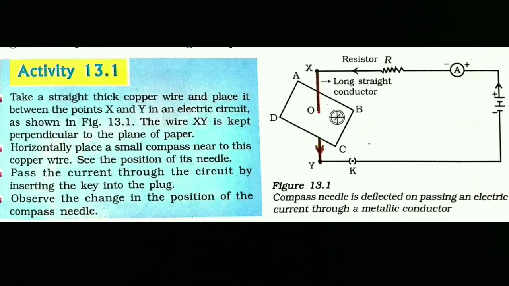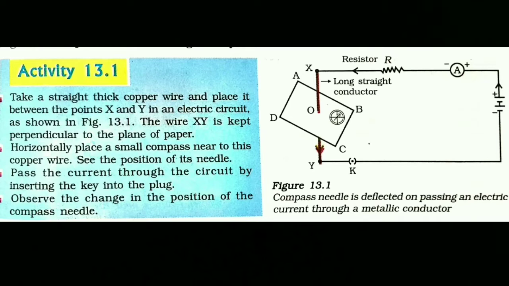Now see the position of its needle. First, we need to observe the position of the needle in the compass before passing the current. Later on, pass the current through the circuit by inserting the key into the plug. Now we need to observe the change in the position of the compass needle.